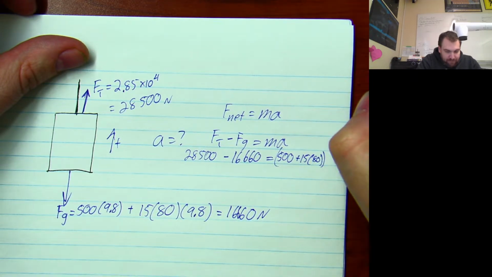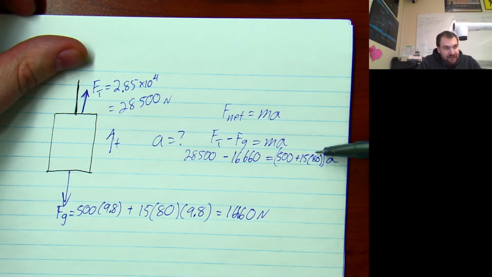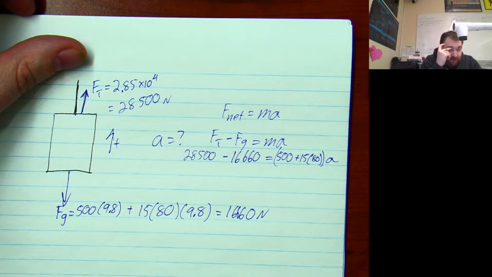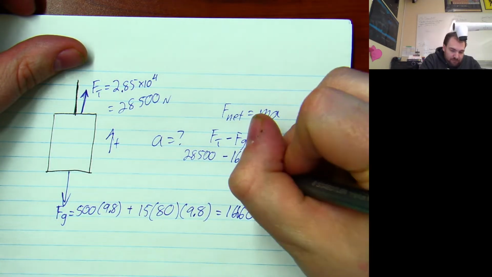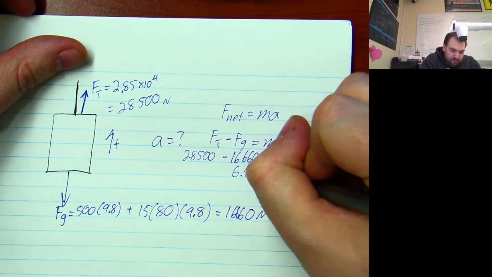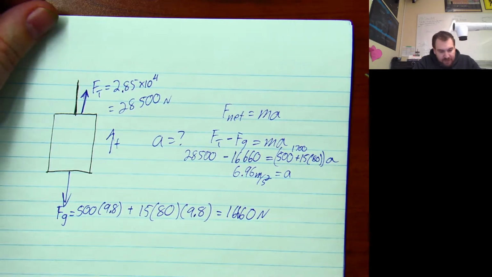You said this was 1,700 and something? 1,700 exactly? Cool. So what's A? 6.96 meters per second squared. Does that make sense?